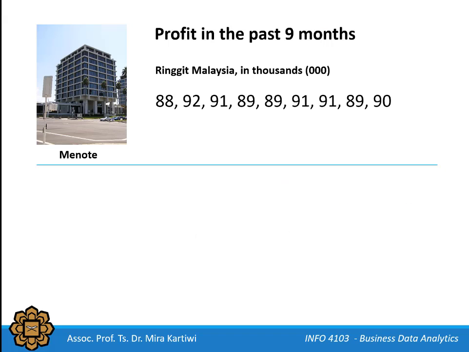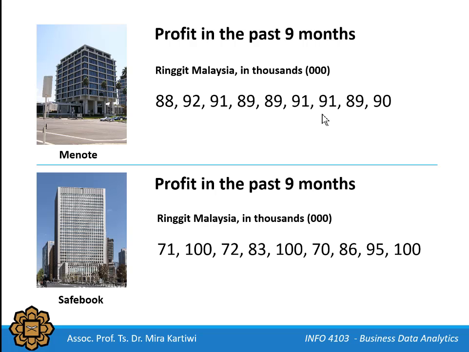To help me find out which company is worth investing, he shared with me the profit of each company in the past 9 months. For MeNote, these are the profits in Ringgit Malaysia in thousands for the past 9 months: 88,000, 92,000, 91,000, 89,000, and so on.